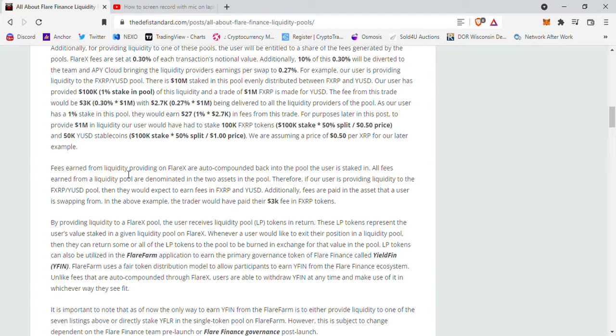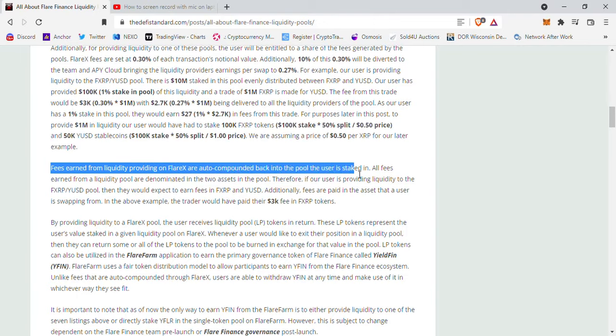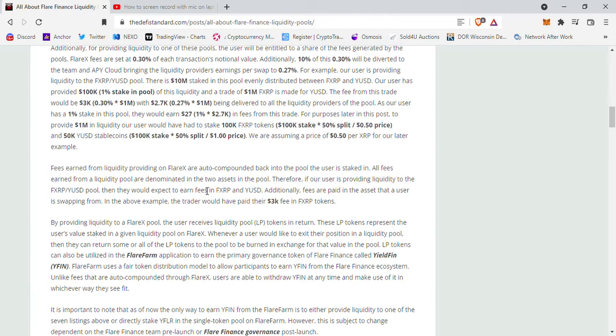As it says here, fees earned from liquidity providing on FlareX are auto-compounded back into the pool the user is staked in. And so that $27 is going to be split evenly amongst the FXRP YUSD pool, or whatever pool you're in. So $13.50 will go to FXRP, and $13.50 to YUSD. It'll be split up evenly.